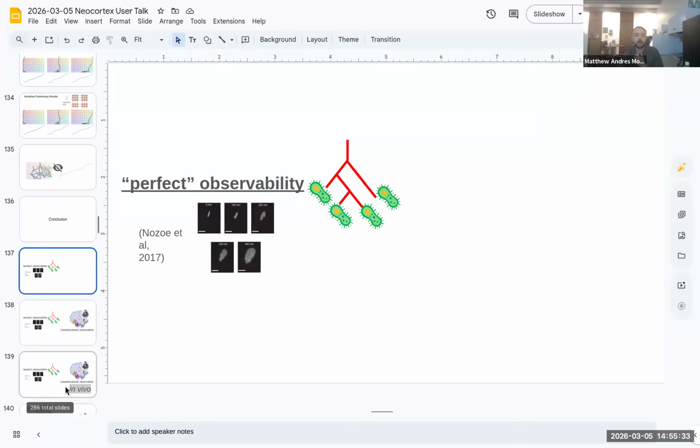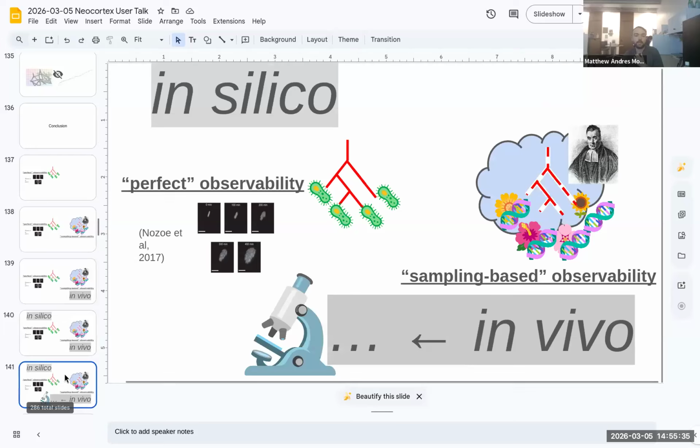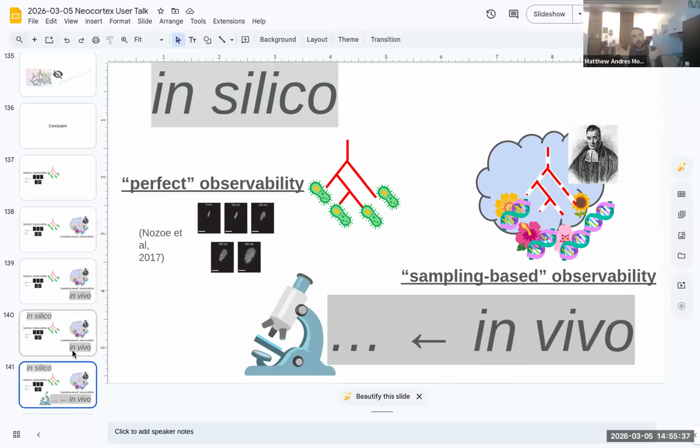But I think there's a very interesting contrast between experimental work with evolution and biology done in vivo, tending to use sampling-based approaches, and classically, with simulations, we've been able to do exact tracking to have an exact record of everything that happened in the simulation.